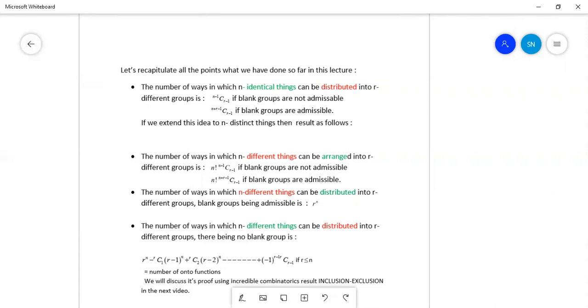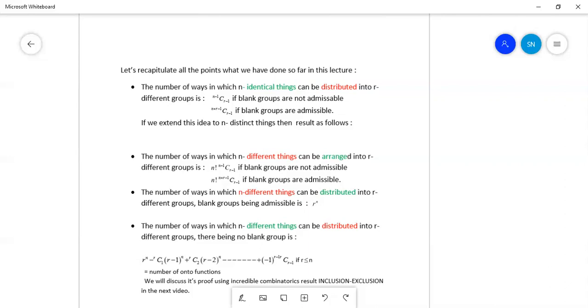If we extend this idea to n distinct things, then what could be the result? n identical things were used in the previous 2 examples. Suppose instead of n identical things, n distinct things are taken.